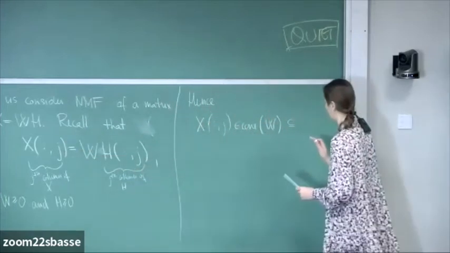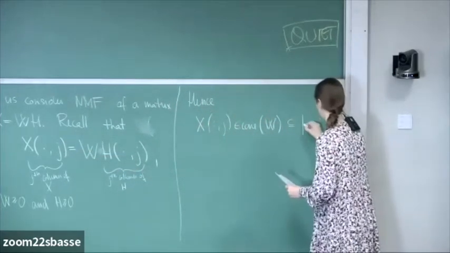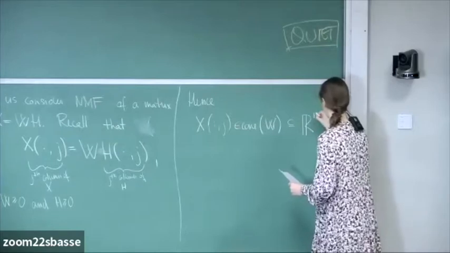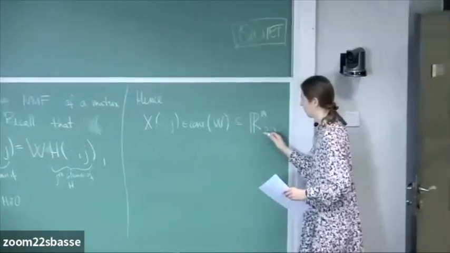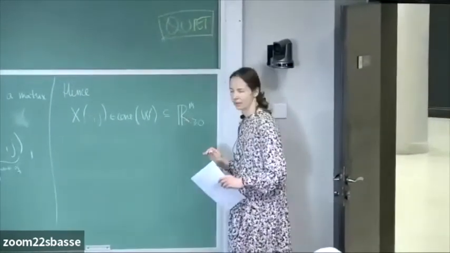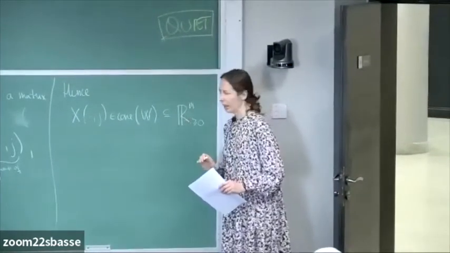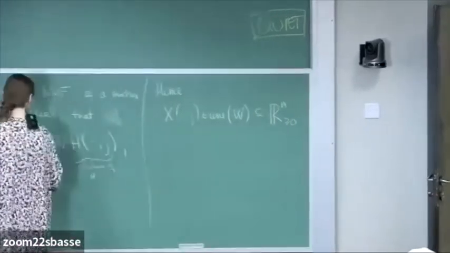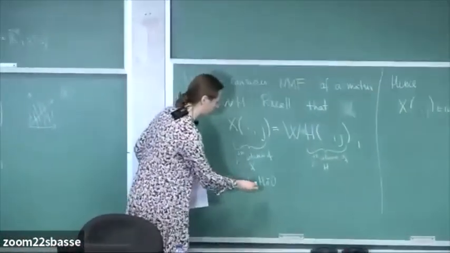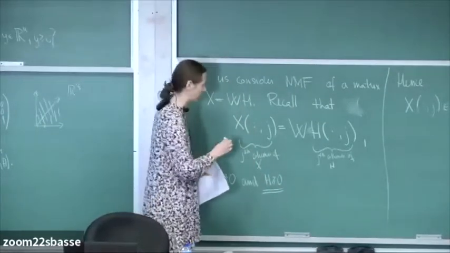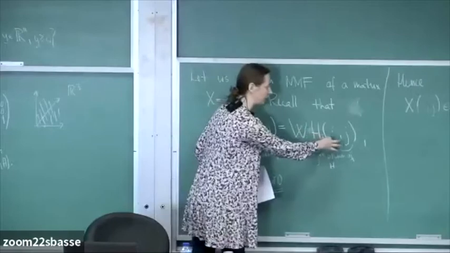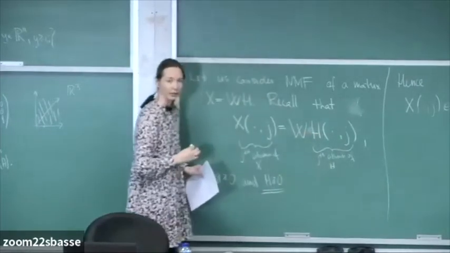But furthermore, we have something more here. We also have that this cone is in fact included in the non-negative orthant. And the reason we have a cone comes from the fact that H is non-negative. Because in the cone definition, we need that these vectors over here have non-negative entries.